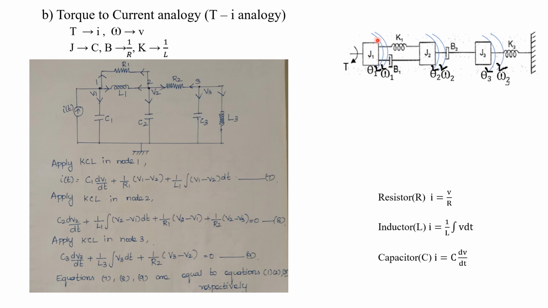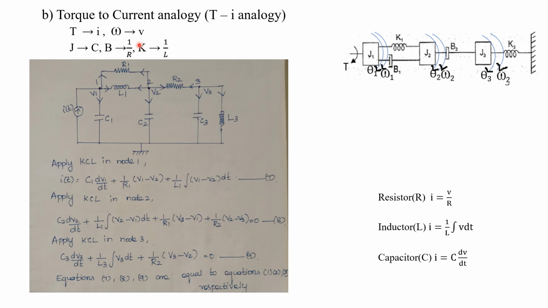So what about the opposing torques? Its own opposing torque due to J1: J corresponds to C, isn't it? So we have to draw the capacitor C1 at this node 1. This is due to the own opposing torque. Now what about the other opposing torques, TK1 as well as TB1?